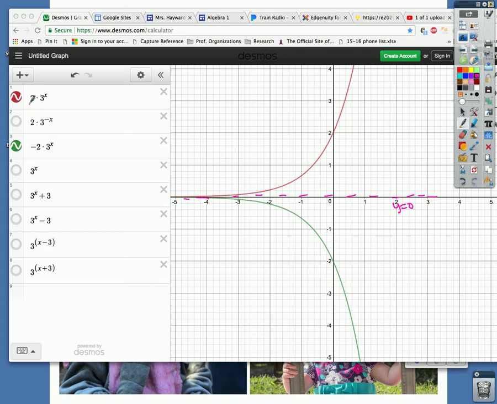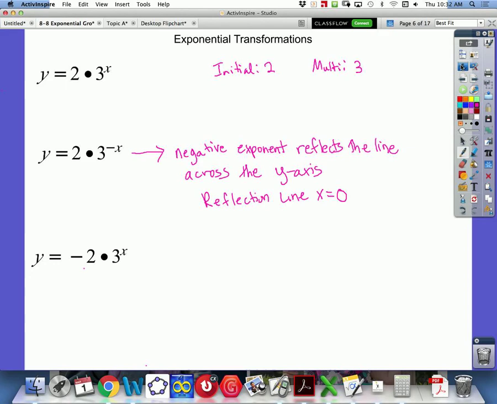So what that shows me is if all I do is change the initial amount from a positive to a negative initial amount, it reflects the curve across the x-axis.